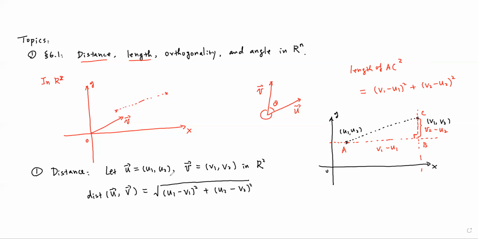Okay. Now, this is the formula to compute the distance between 2 points in R2. Now, in Rn, we cannot plot the points. Then, how to know the distance between 2 points in Rn? We extend this formula. On the next page, let U be this point, U1, U2, up to Un.